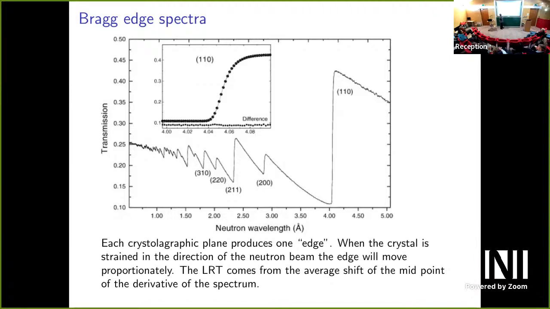So yeah, if it was unstrained or had a uniform strain, we just see a nice sharp edge. The interesting thing, and I'm just going to summarize it very quickly, is that the beam goes through lots of voxels. Voxels have lots of crystals, but the strain varies by voxel.